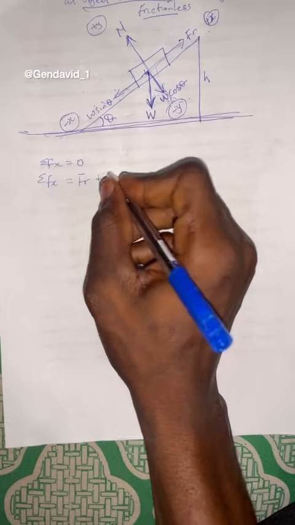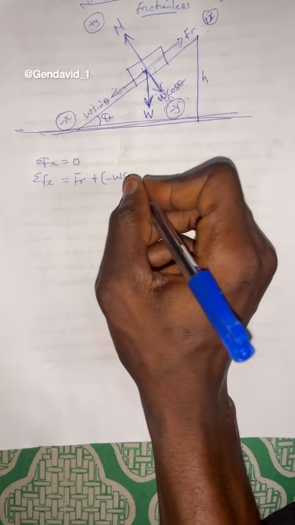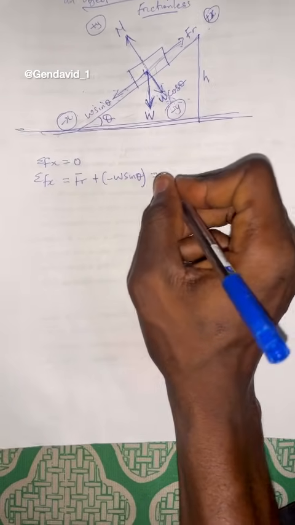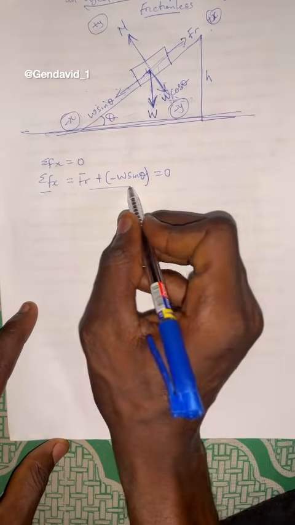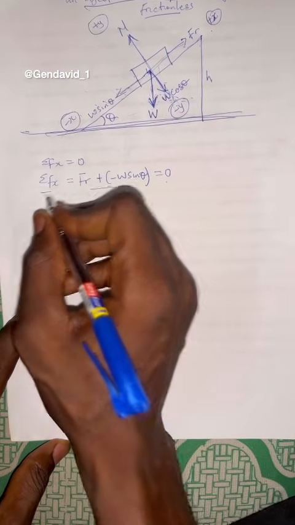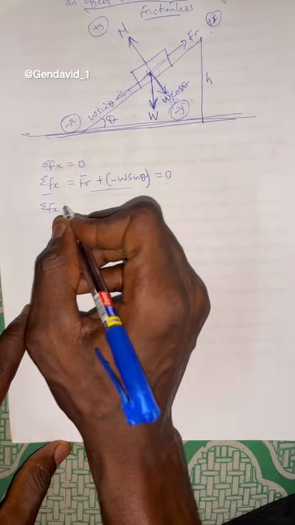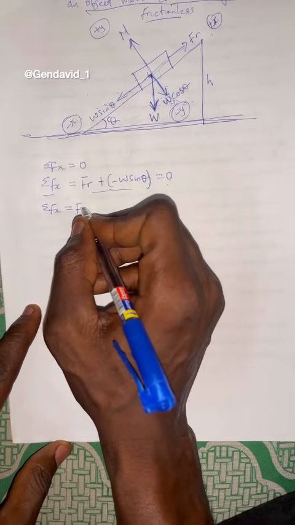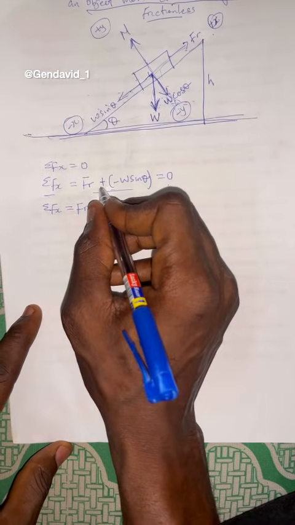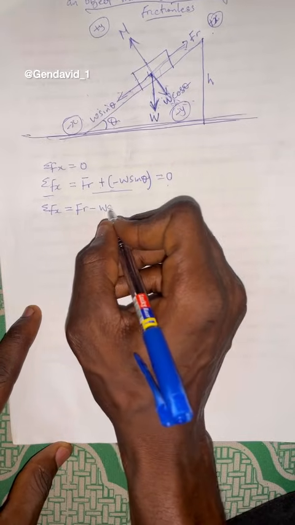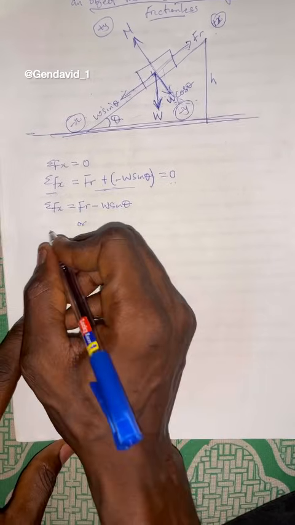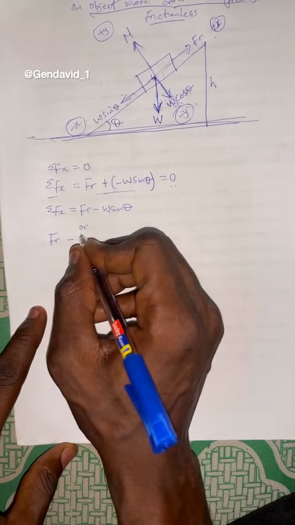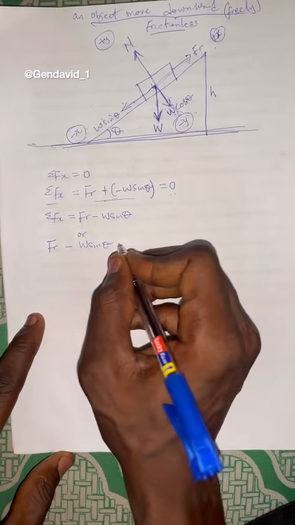So we have plus Fr, plus, in brackets, minus W sin theta, and everything equals 0. So you have two stages. You can say summation Fx is equal to Fr, then plus times minus will be minus, that's minus W sin theta. Or you take this side to be equal to this side, which means we have Fr minus W sin theta is equal to 0.